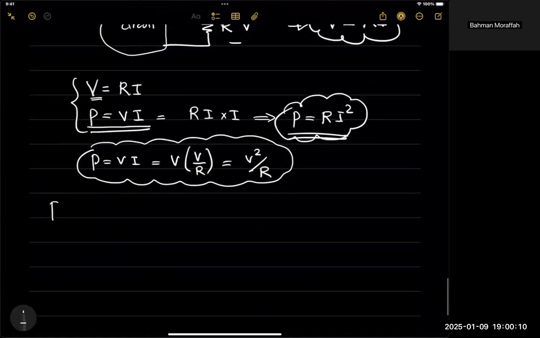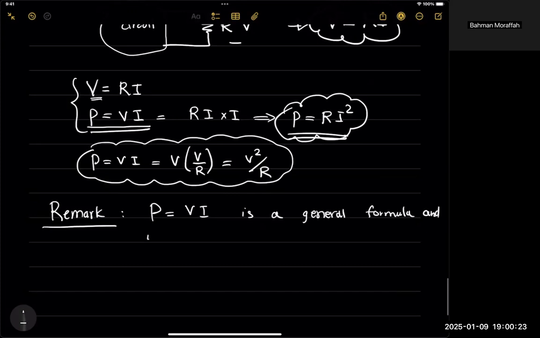Remember, remark, P equals V I is a general formula and is true for all elements.